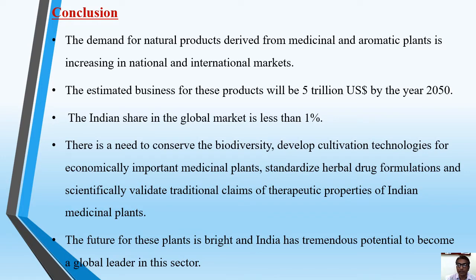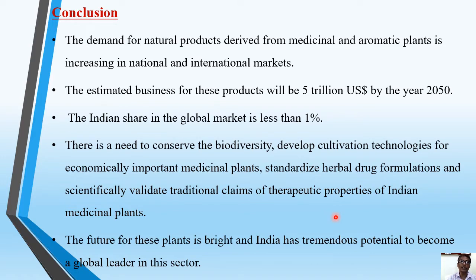After the cultivation practices of all these three medicinal plants, now come to the conclusion. The demand for natural products derived from medicinal and aromatic plants is increasing in national and international markets. The estimated business for these products will be 5 trillion US dollars by the year 2050.